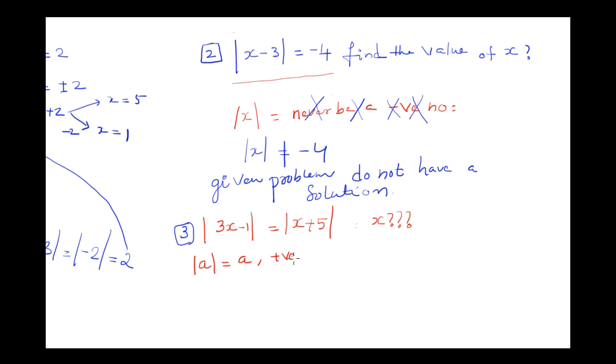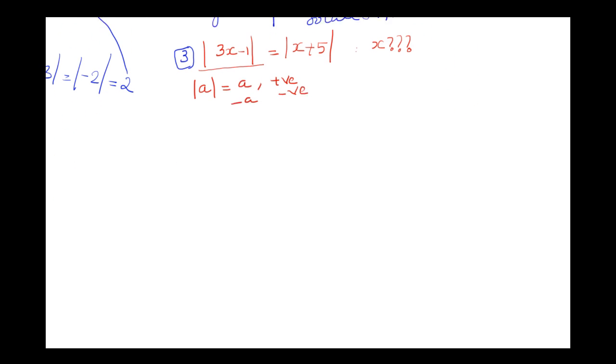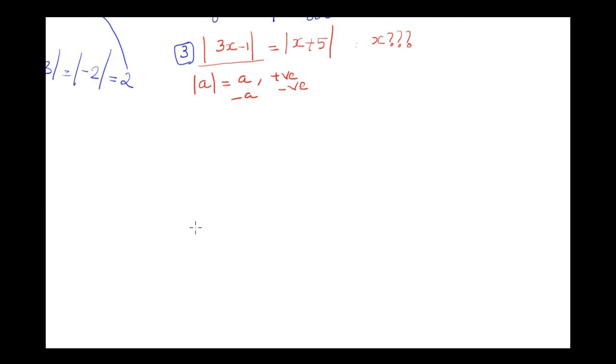Using this property, we can say that absolute of 3x minus 1 will be either 3x minus 1 if 3x minus 1 is positive, or minus of 3x minus 1 if 3x minus 1 is negative.